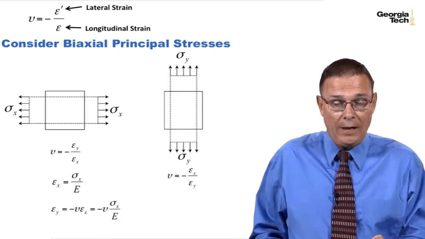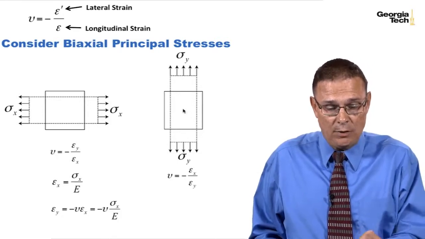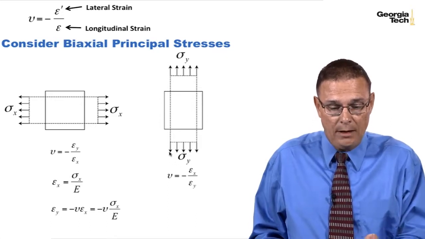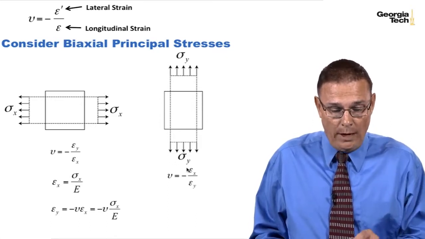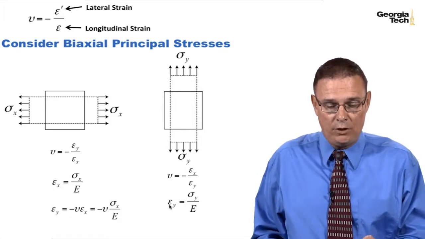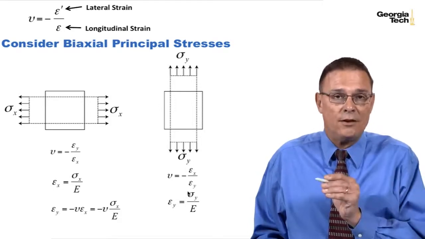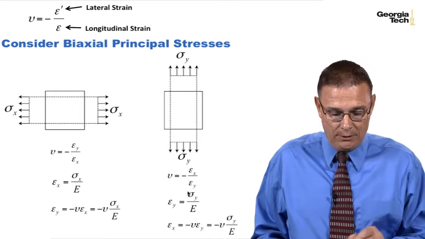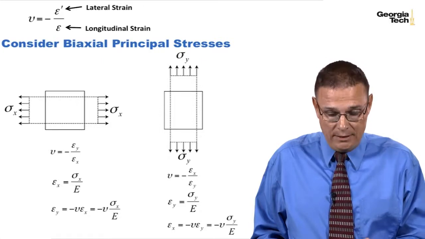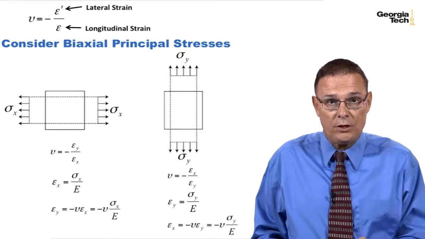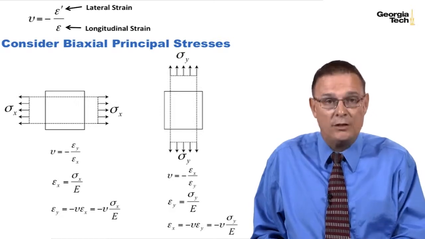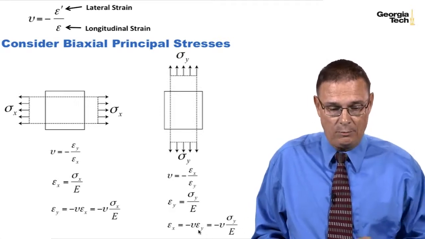Here, now the lateral strain is the strain in the x direction, and the longitudinal strain is in the y direction. And we know that epsilon sub y is the stress in the y direction divided by Young's modulus, and the strain in the x direction is equal to minus Poisson's ratio times epsilon sub y. I can substitute in Young's modulus, and I get this expression.